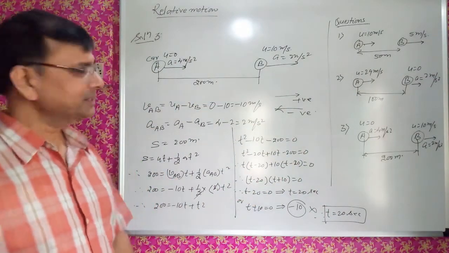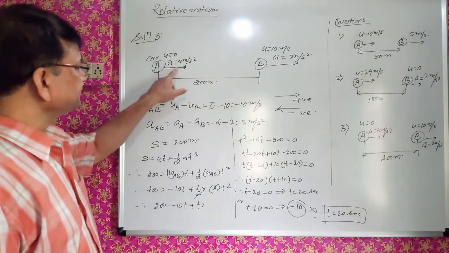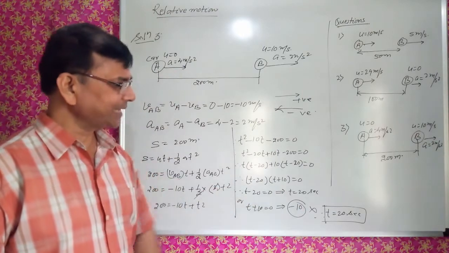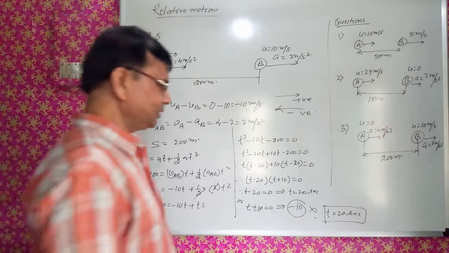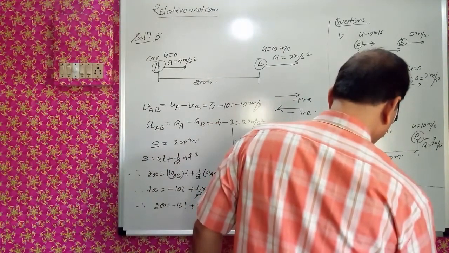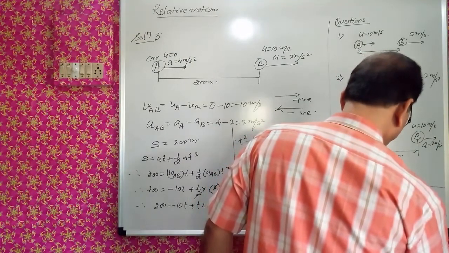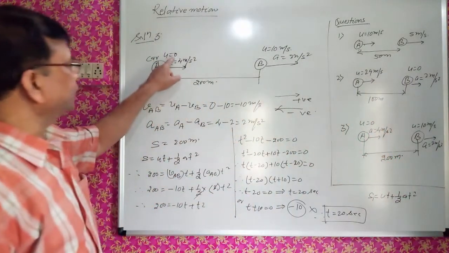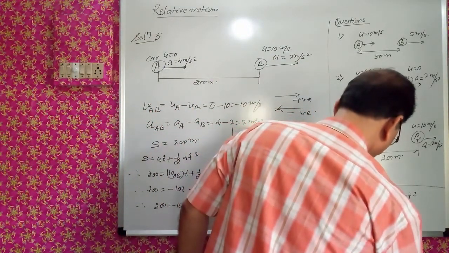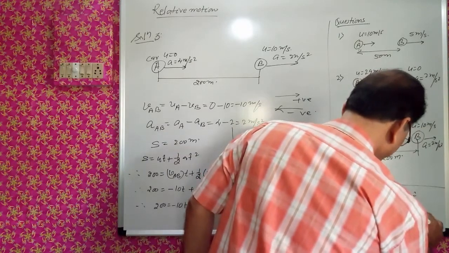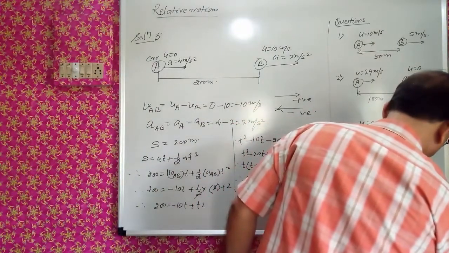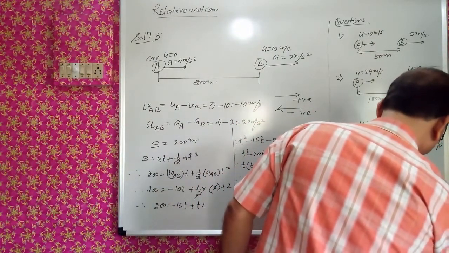And in 20 seconds, how much distance will it cover? Because acceleration is this, right? So with this acceleration, how much distance will it cover? So we can use S1 is equal to ut plus half at square. Initial velocity is 0, so the first term will go, that is S1 is equal to 0 into T, which is 20, plus half into acceleration, which is 4 meters per second square, into 20 square, right?